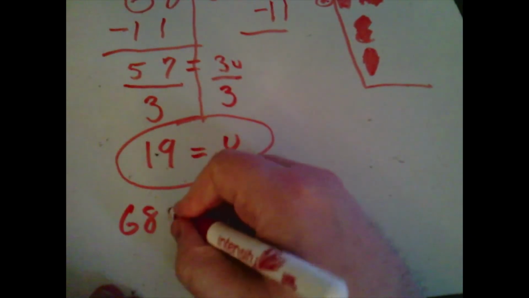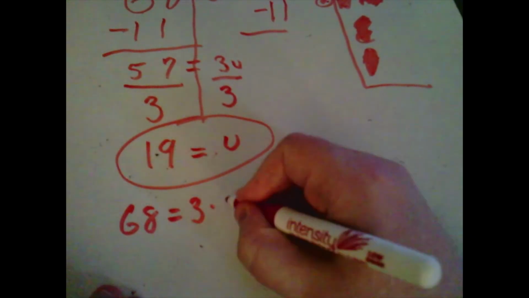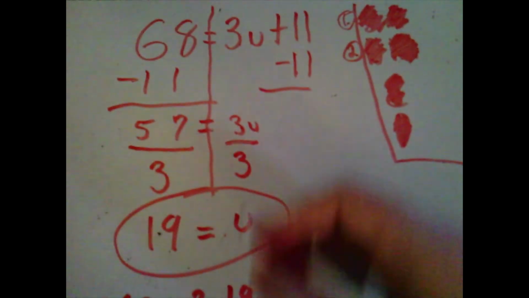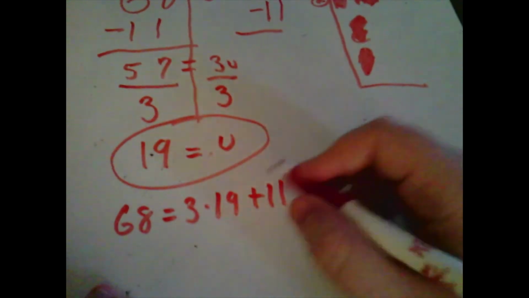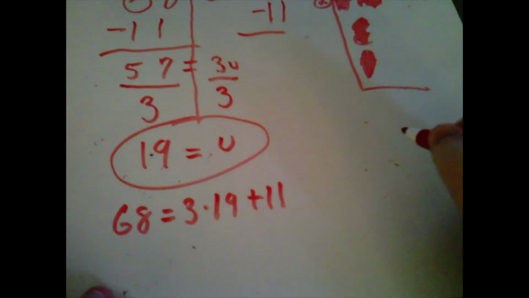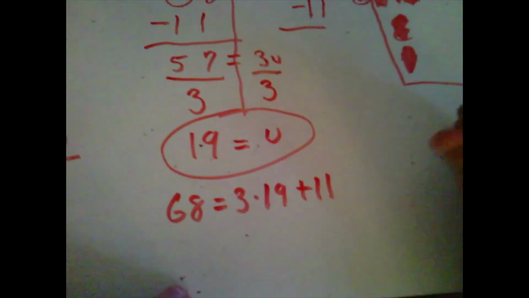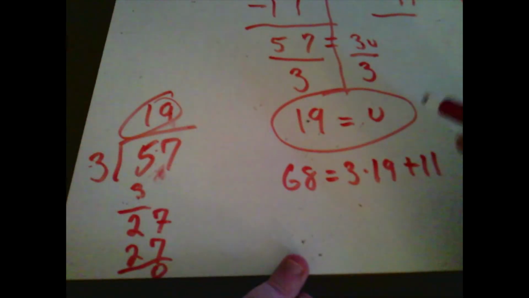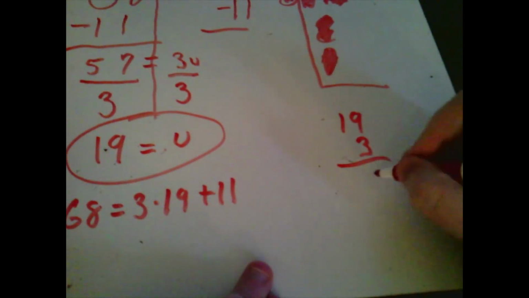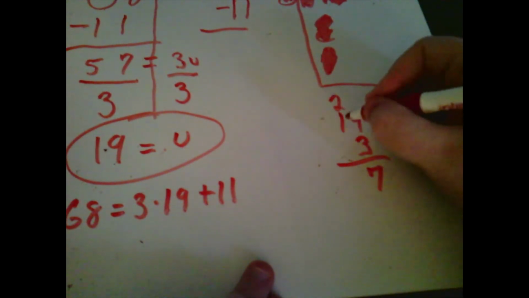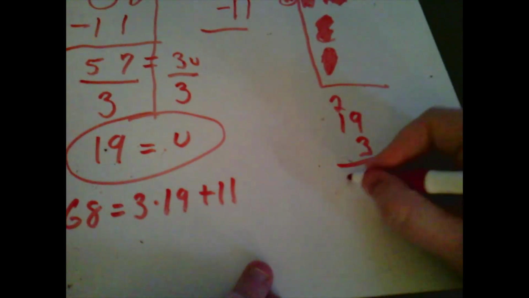68 equals 3 times 19, replacing u with 19, plus 11. All right, 3 times 19. Well, looking back at what I have over here, actually, 3 times 19 is 57, right? Well, we can test that. 19 times 3. 9 times 3 is 27. 1 times 3 is 3, plus 2 is 5, 57.